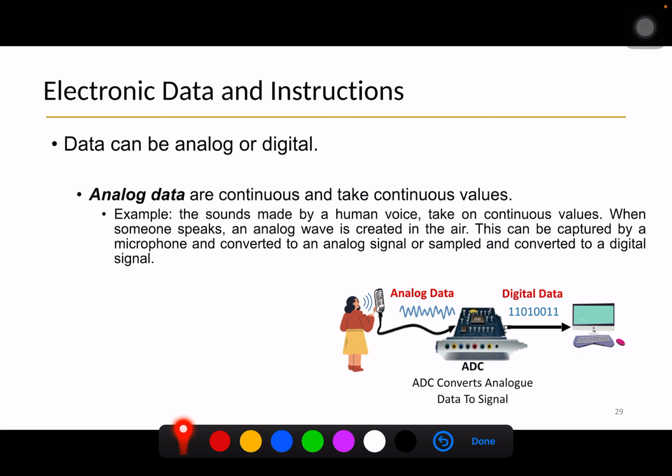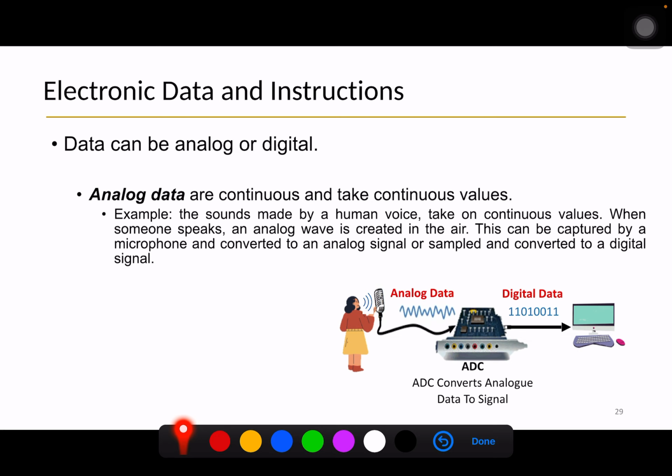Electric signal only has two states, whether it is on or off. So you can see here, the digital data that is used consists of number 1 and number 0, where number 1 represents on, or there is a current state, and 0 represents there is no current state.